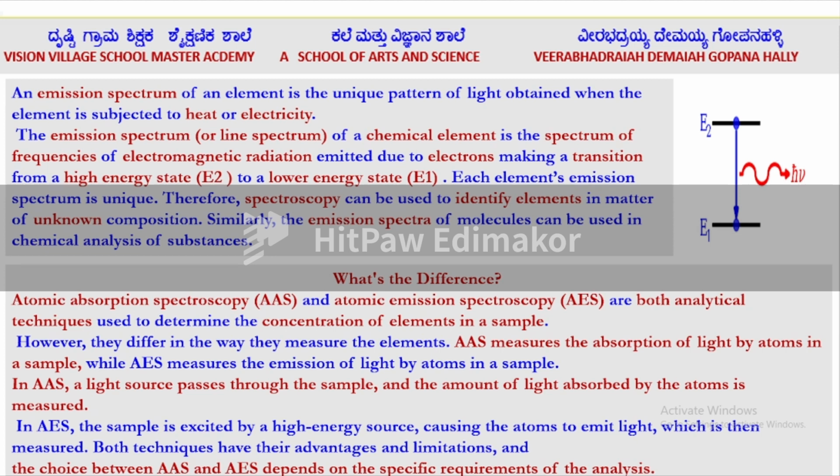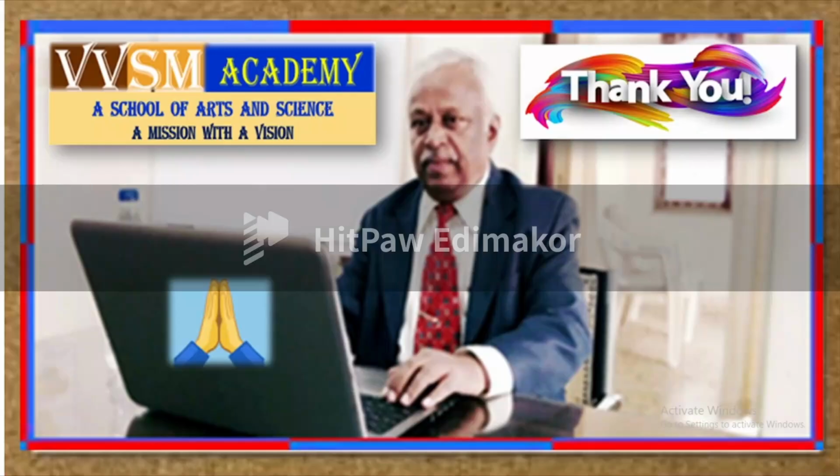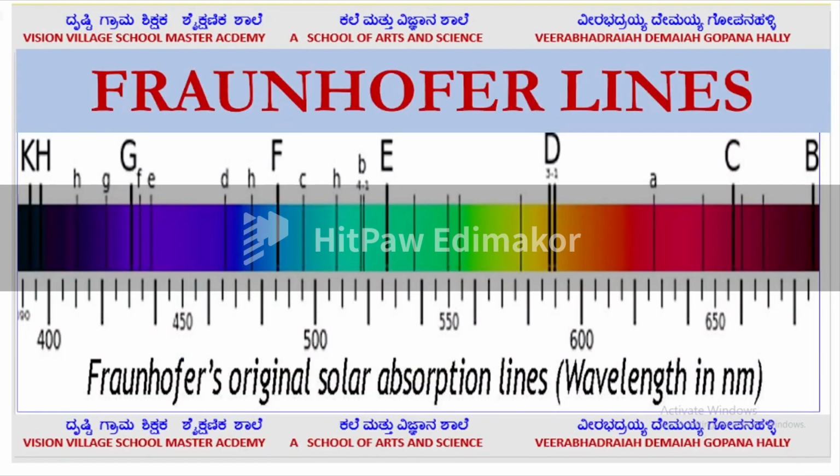For example, AAS is atomic absorption spectroscopy, and AES is atomic emission spectroscopy. Both are analytical techniques used to determine the concentration of elements. In AES, the sample is excited, whereas in atomic absorption spectroscopy, the sample absorbs.